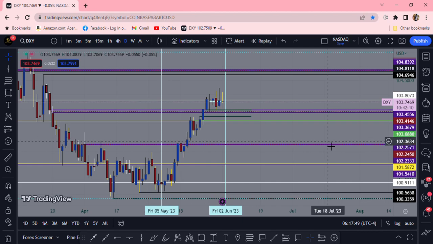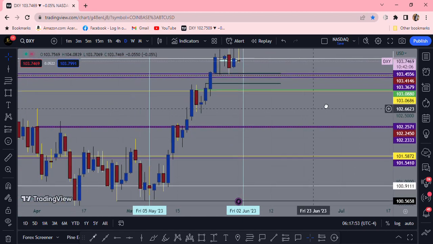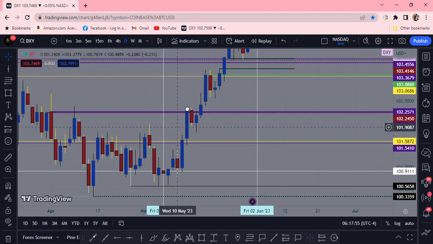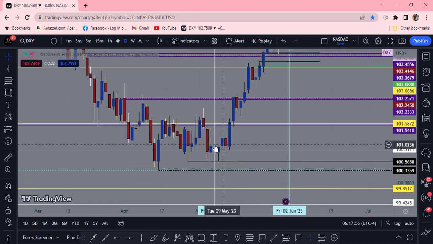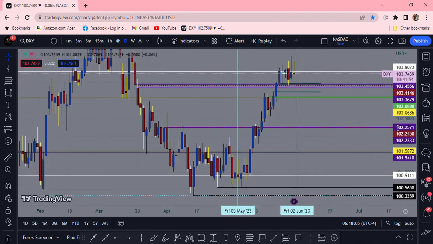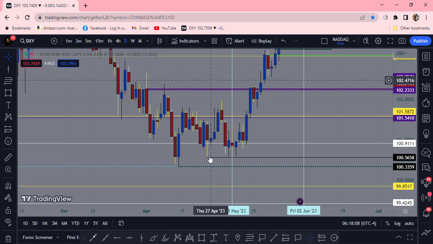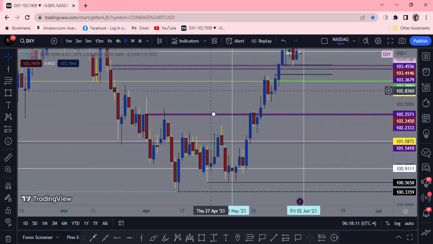Okay, let's go back to the previous month of NFP, which was, I think, Friday. Let's go back to the hour. To not confuse you guys, keep in mind that these yellow lines are my weekly resistance and weekly support.